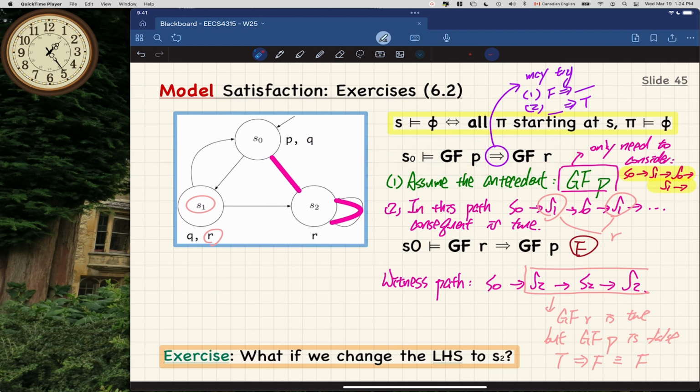So you think about what assuming the antecedent really means. If you assume this one to be true, anything that's actually false, you get false implies anything, equivalent to true anyway. So here we're assuming that infinitely often P is true. So that means we only consider those paths that's going to make the antecedent true, and then concentrate on that.